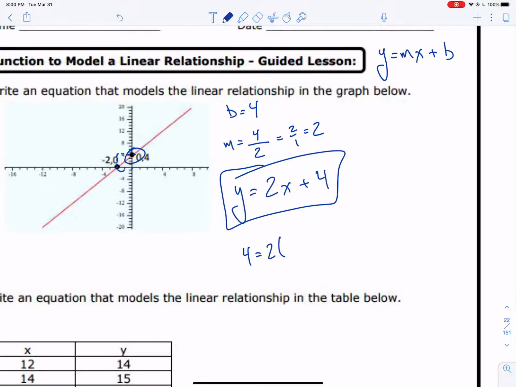Let's see if both sides are equal. 4 equals 4, that checks out. The other point: x is negative 2 and y is 0, so 0 equals 2 times negative 2, plus 4. 0 equals negative 4 plus 4, so that's 0 as well. 0 equals 0. So that works.